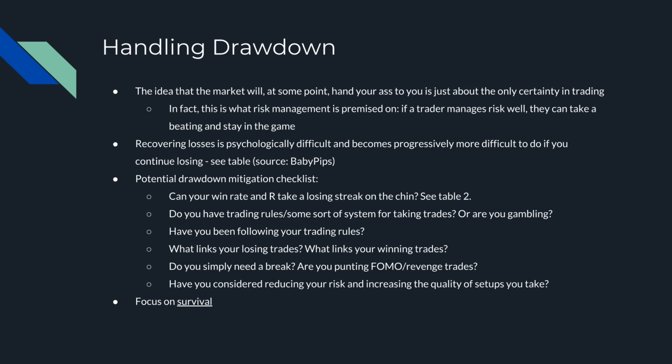Now, more generally, do you simply need a break? Are you punting FOMO/revenge trades? Losing live money can be quite psychologically daunting and tiring, and a lot of the time if we miss out on a big move, or if our stop just gets taken out before the market moves the other way, it can be quite frustrating, and especially in beginner traders, lead to overtrading and revenge trading and so on.